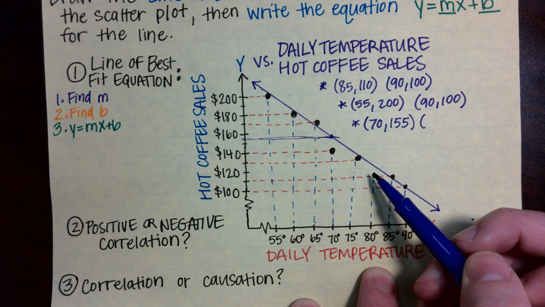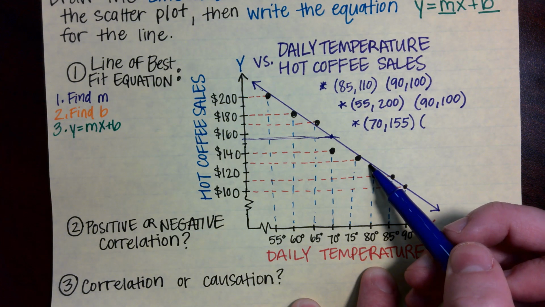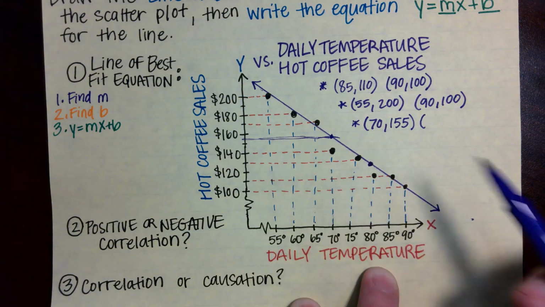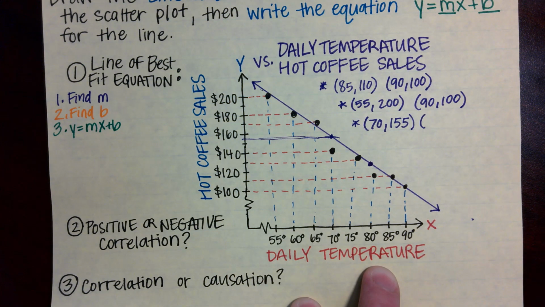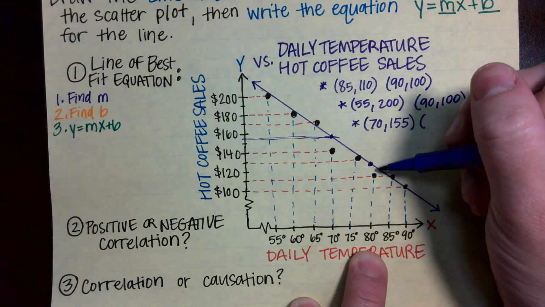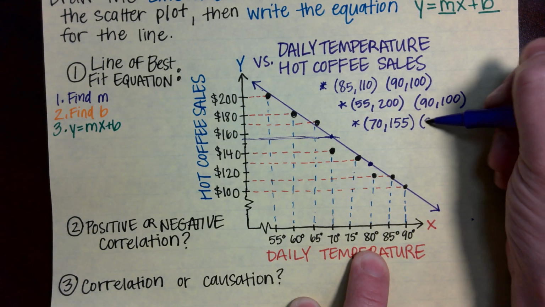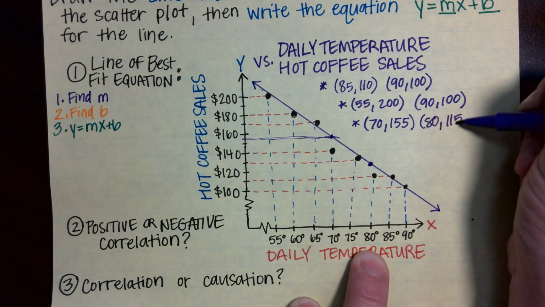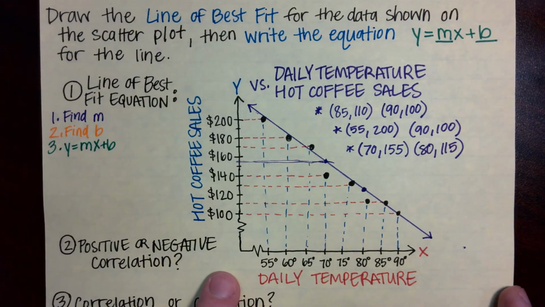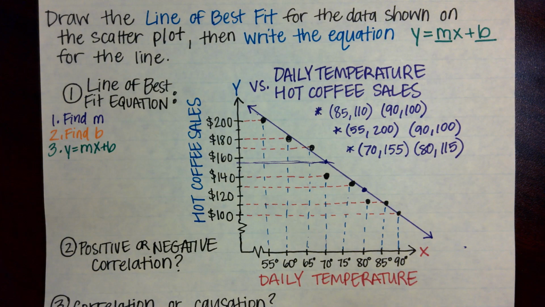Okay, so let's go up a little more. What would it be instead of 110, maybe? 115 to the middle. Yeah, let's do about 115. That works. Okay, so we did 80 and 115. So we've got a couple of different coordinate sets to work with here. We could use any of them, okay?